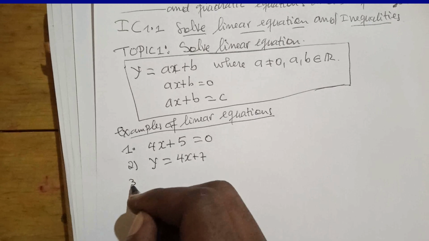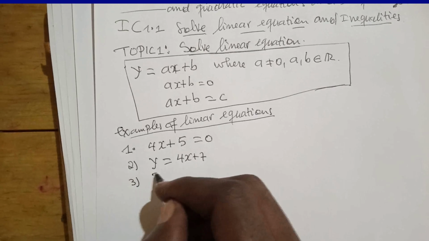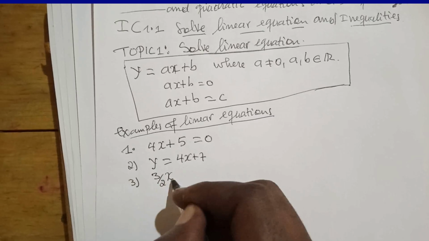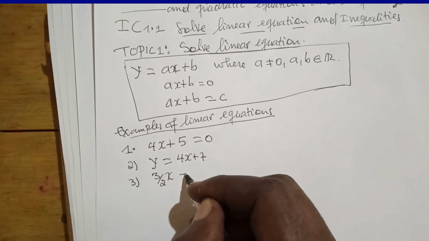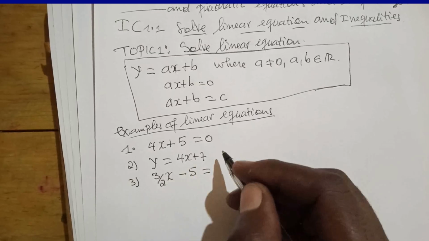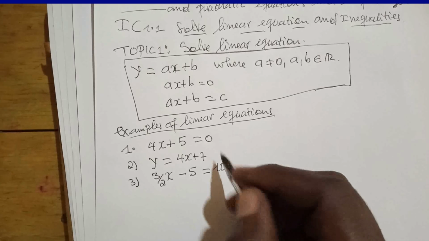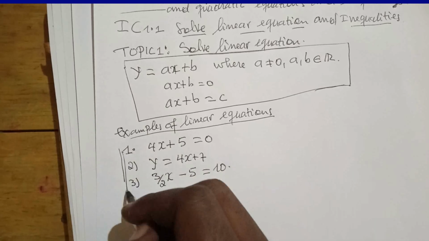And then, for example number 3, we can have 3 over 2 x minus 5 equals, for example, 10. Those are the 3 examples of linear equation.